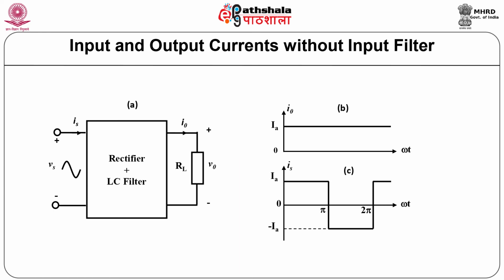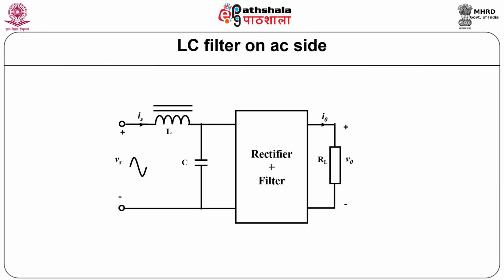So how to avoid these harmonics? It means the input contains harmonic power. How to reduce that power? For that, we will require filters at the input side. Generally LC filters are used at the input side.